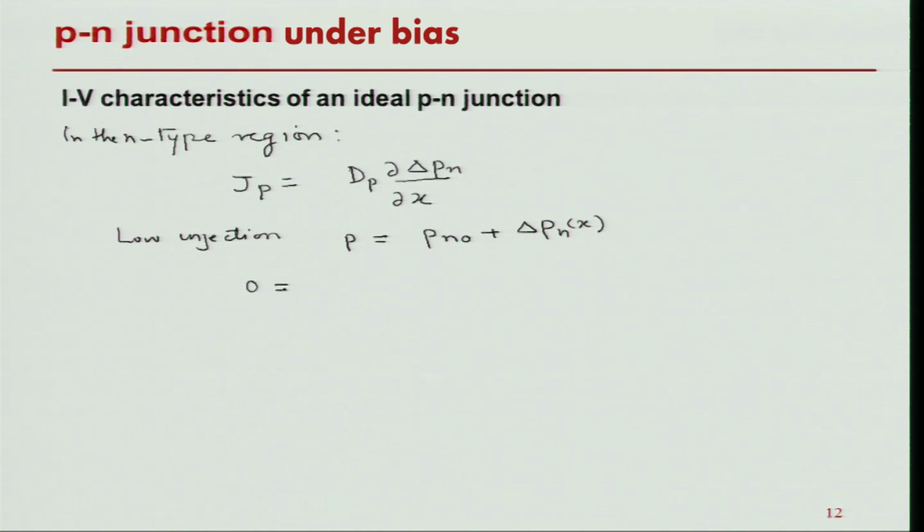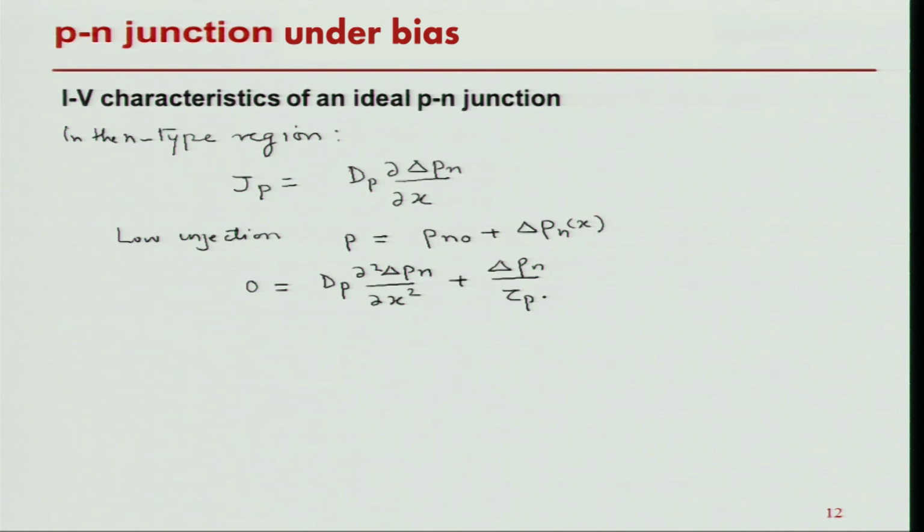And the continuity equation will be similar to the continuity equation earlier, which is the second derivative of the excess hole concentration in the n side plus the thermal recombination generation term.